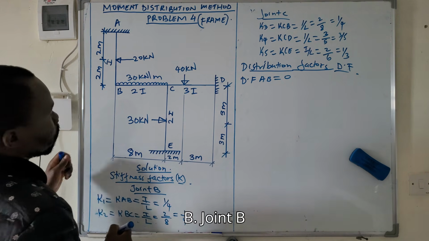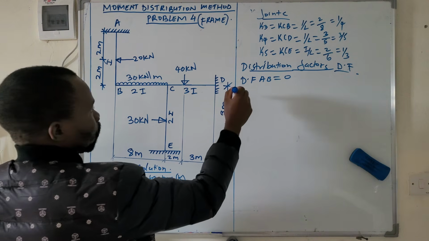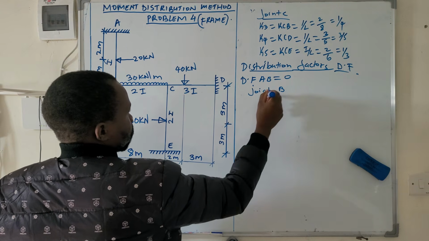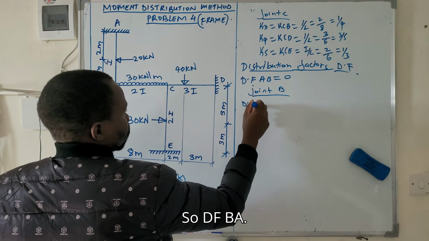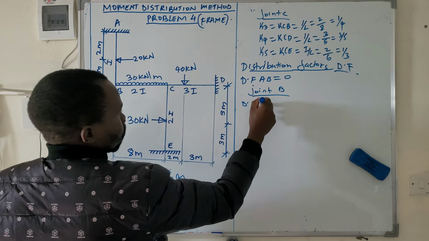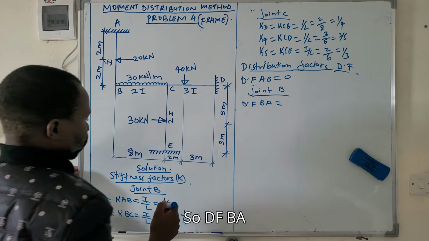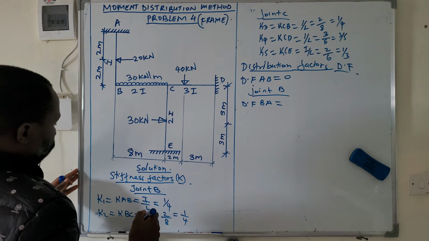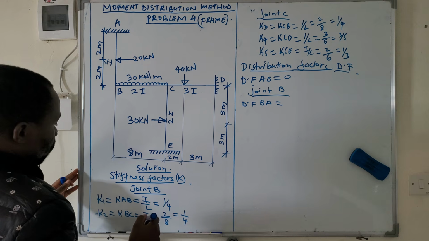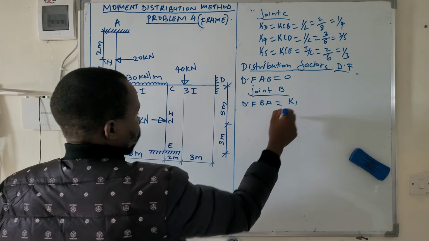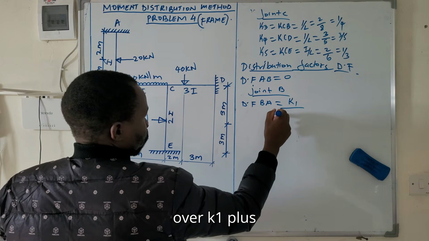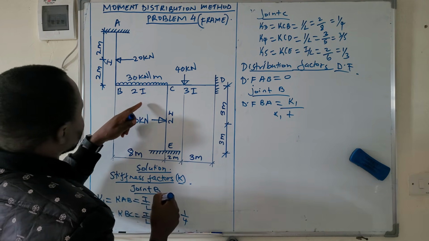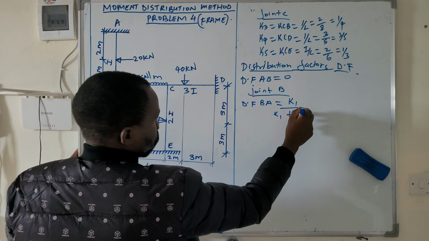We go to joint B. Joint B will have DF BA. So DF BA will be K1 over K1 plus K2.